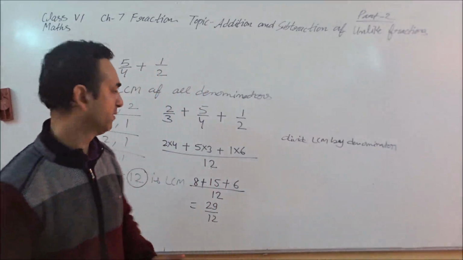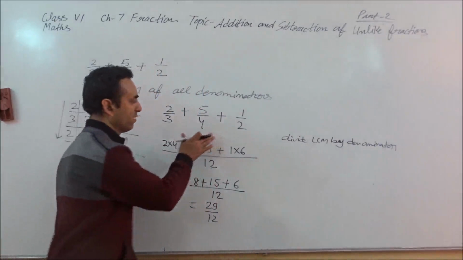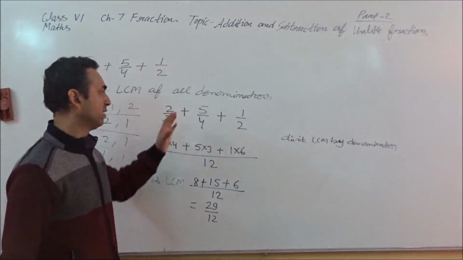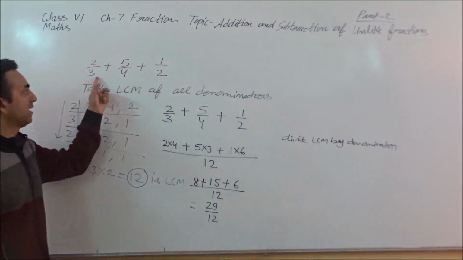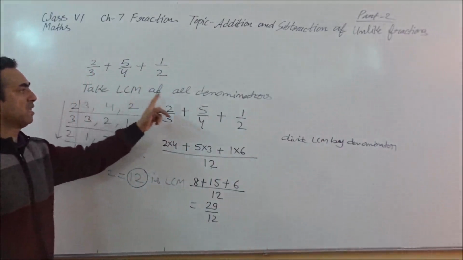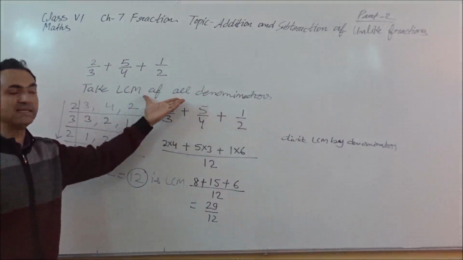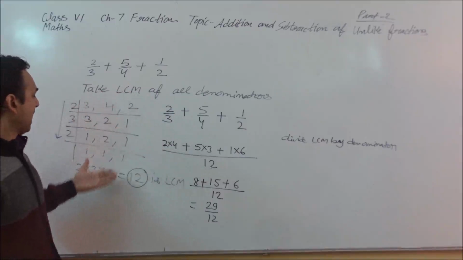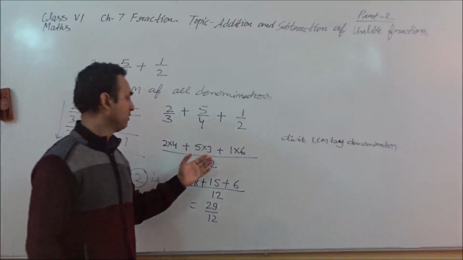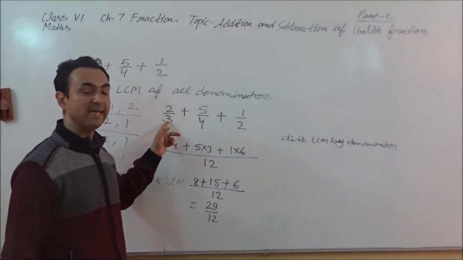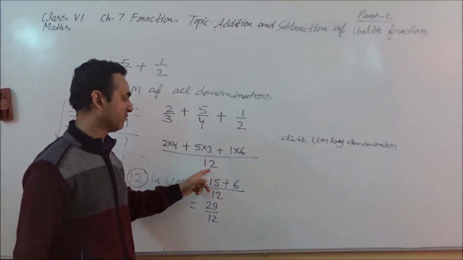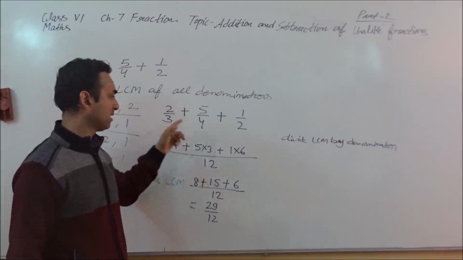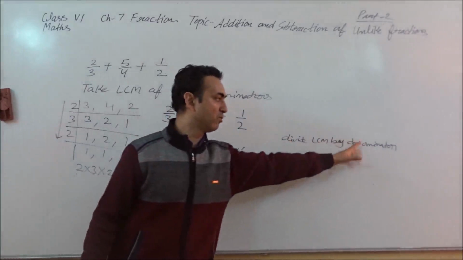It's very easy, right? So what you have to learn in this method is that first of all we find the LCM of all denominators. You have to write these steps so you will not forget. After finding the LCM, you will divide the LCM by each fraction's denominator. Like I am writing here, divide LCM by denominator.